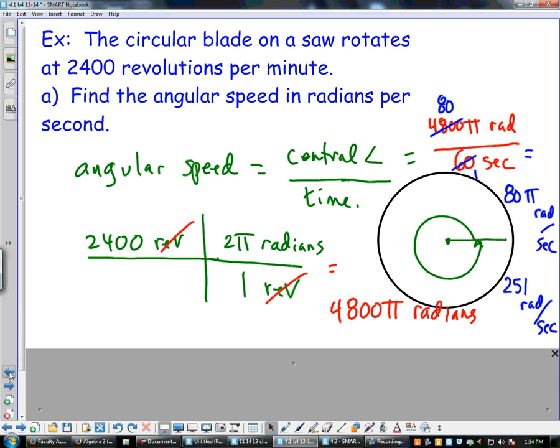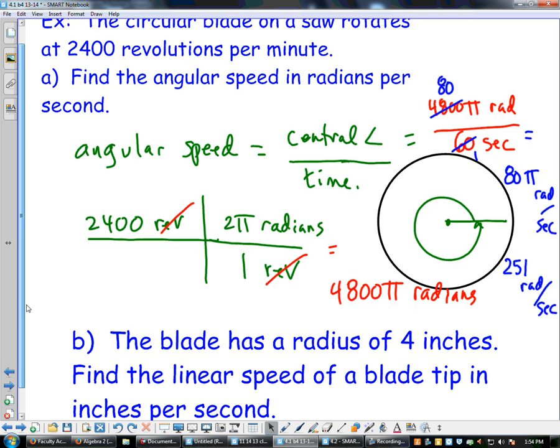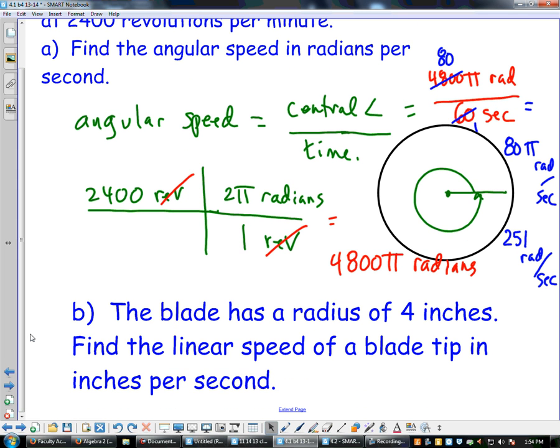So far so good, but we've got a follow-up question. What if the blade that's spinning around on this circular saw has a radius of 4 inches? Find the linear speed of a blade tip in inches per second.